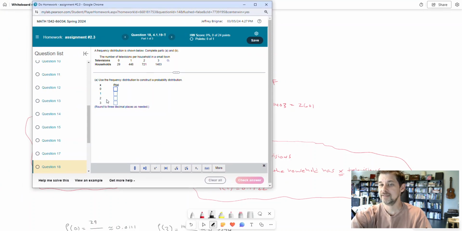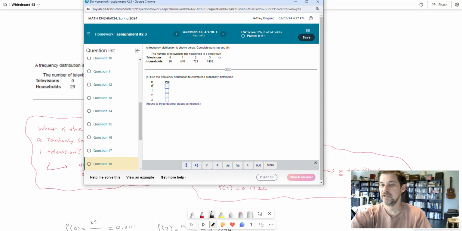Okay. Now, how does that translate into this? Well, X is like saying the number of televisions. So if X is 0, then what we're saying is that the household has no TV. If X is 1, that means it has 1, 2 means 2, and 3 means 3, okay?